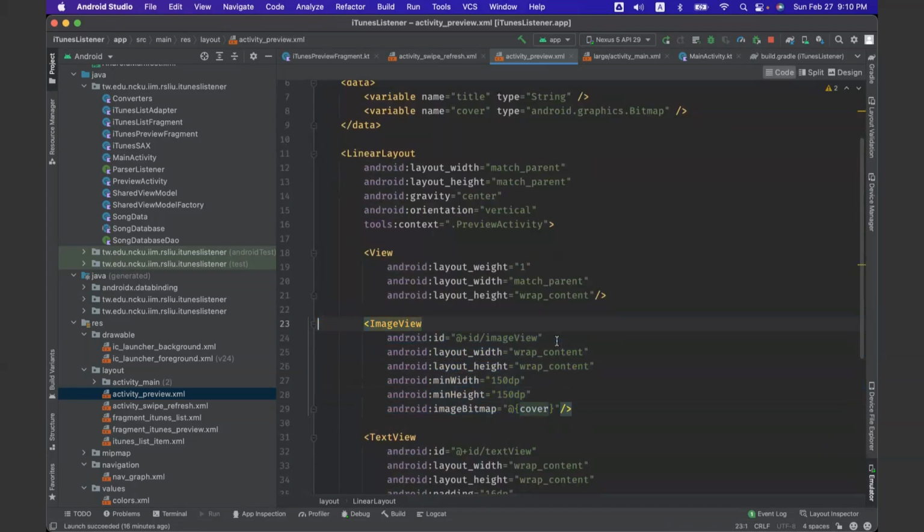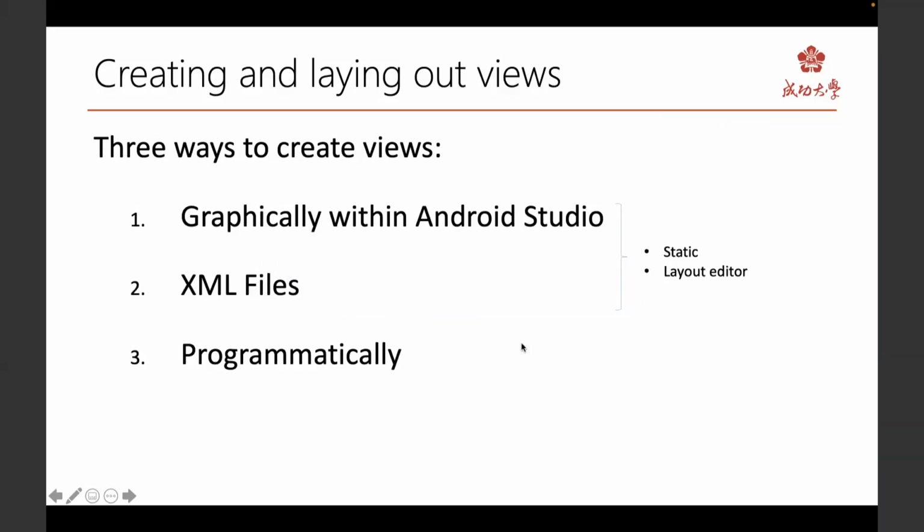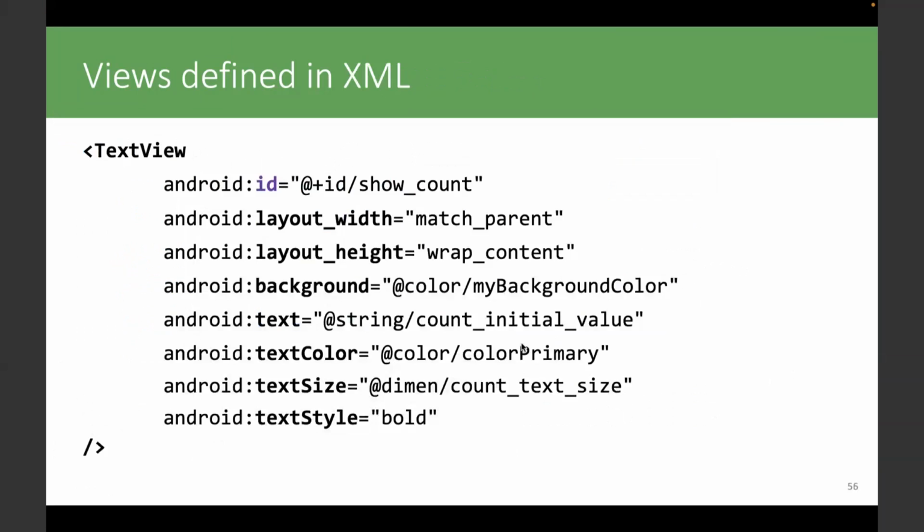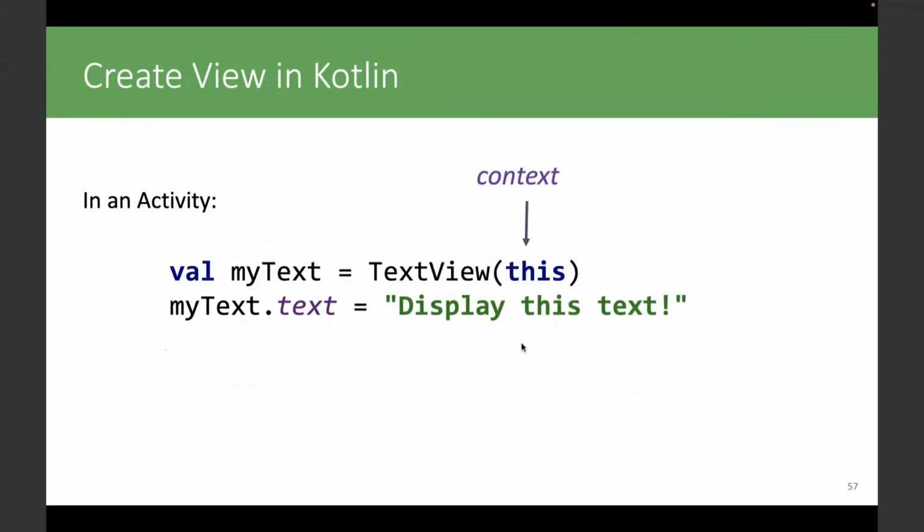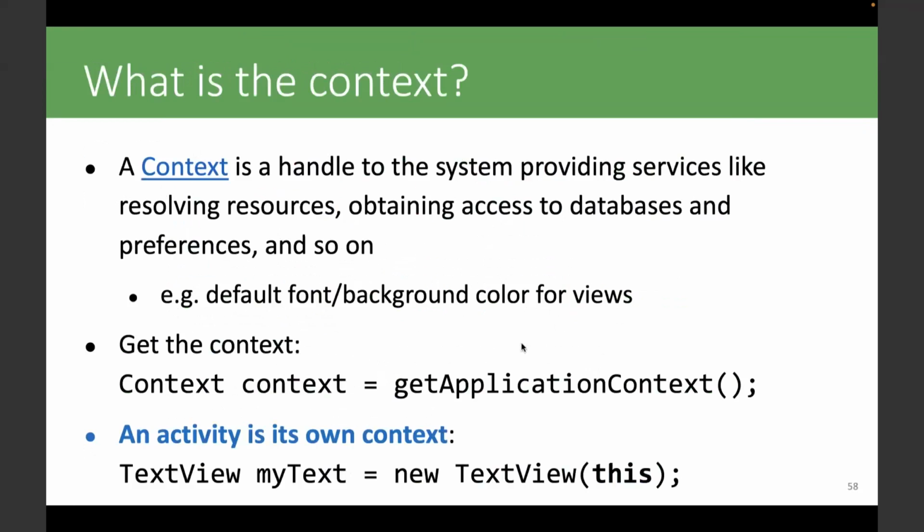Okay, it's very simple. And the third way, which is also the more difficult way, is that we can create a view in our code and put it on the screen at runtime. When you are creating a view, suppose you're creating a text view, for example, as shown on the slide, you are going to need a context. What is context?